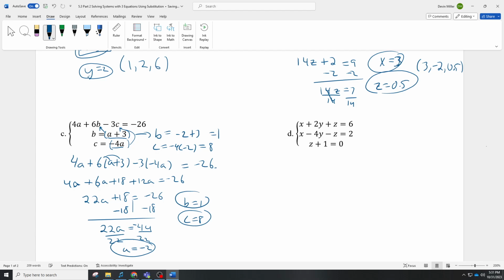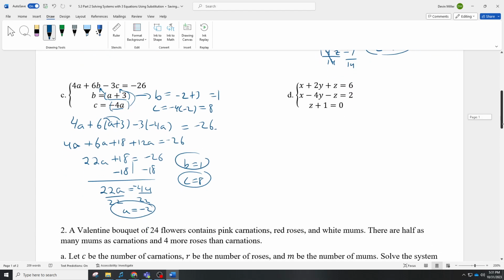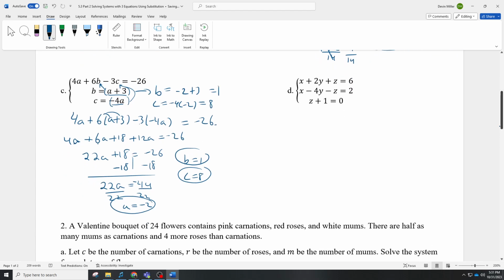Okay, so we have one more to go before we get to our word problem. This one is going to be a different kind of approach because the top 2 equations both have 3 variables. That's not great. The bottom one only has 1 variable, so we can at least do something with this bottom one first.